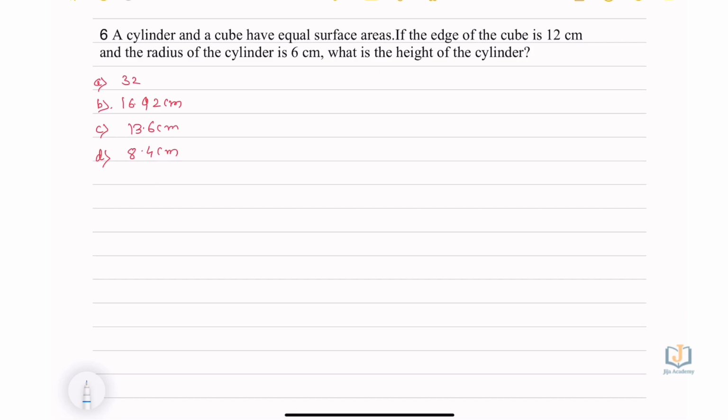The next problem: a cylinder and a cube have an equal surface area. If the edge of the cube is 12 centimeter and the radius of the cylinder is 6 centimeter, what is the height of the cylinder? Here the cylinder and cube have equal surface area. So the surface area of the cube is equal to 6a². So 6a², where the cube has a equal to 12.